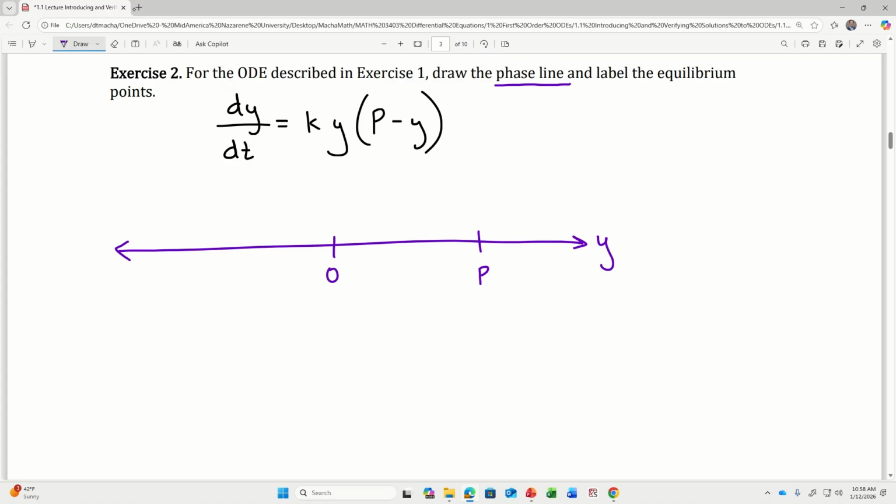And if y falls in here, that means 0 is less than y is less than p. Is y going to be increasing over time or decreasing over time? If my y variable was in this region, is it going to move to the right as time increases, or is it going to move to the left as time increases?